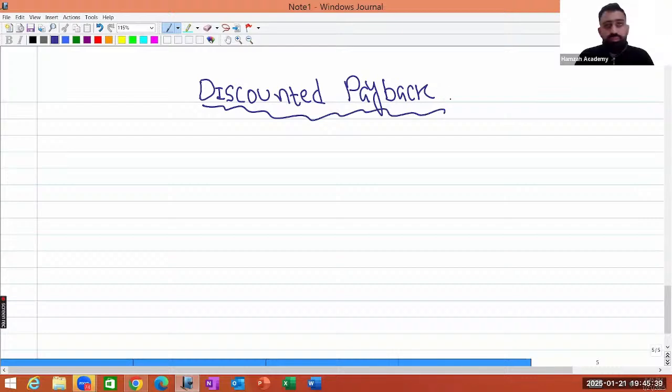Now, in discounted payback, we use the discounted cash flow to decide whether the project should be accepted or not.